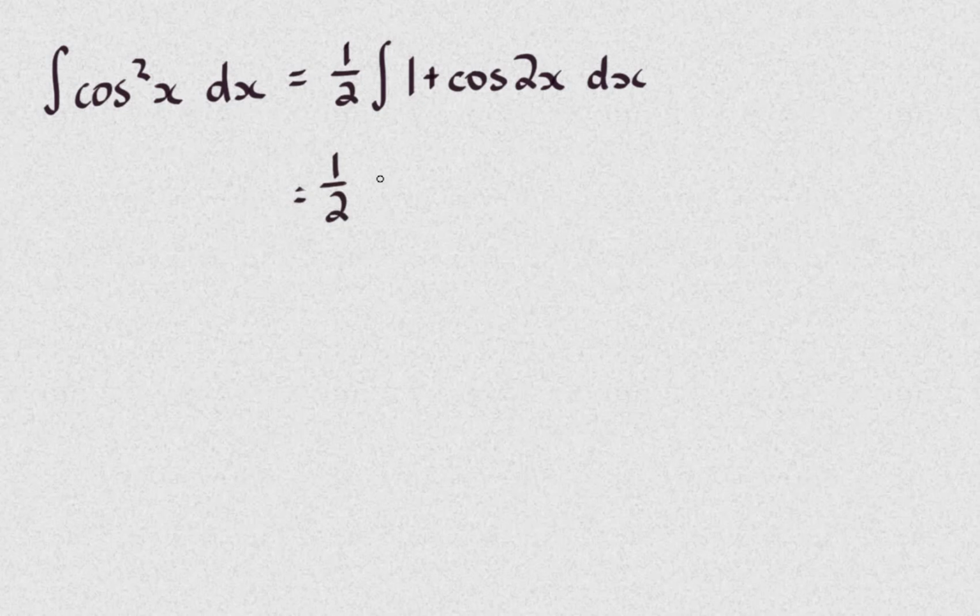Integrating 1, we get x, and integrating cos 2x, well, the integral of cos is sine, but we need to account for what's happening with this 2x, so we get a 1 over 2 out the front of sine 2x. Plus our constant at the end.